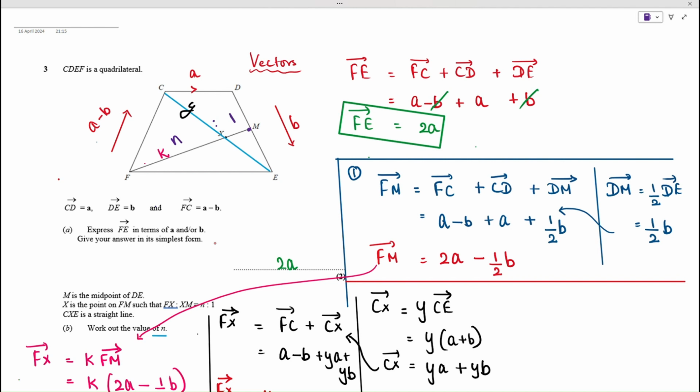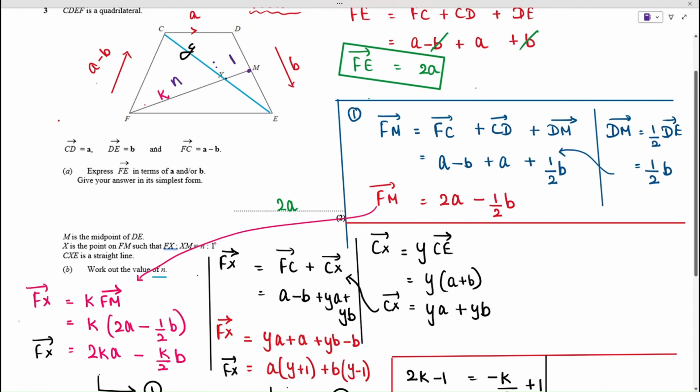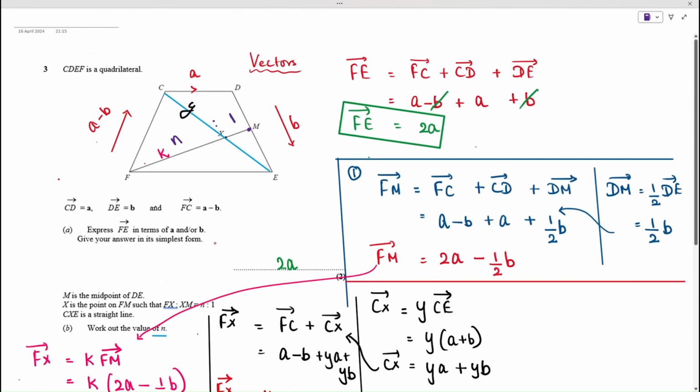Now if we take the ratio of f to x to f to m, we have n in our ratio, n to n plus 1. And to turn this into a fraction to get our value of k, our value of k is equal to n over n plus 1.